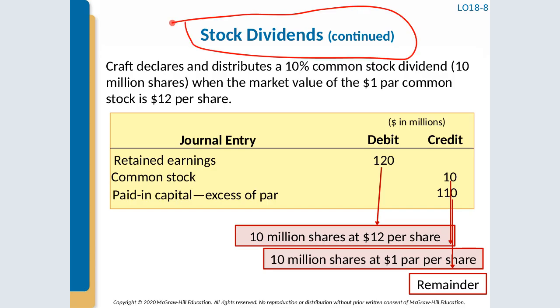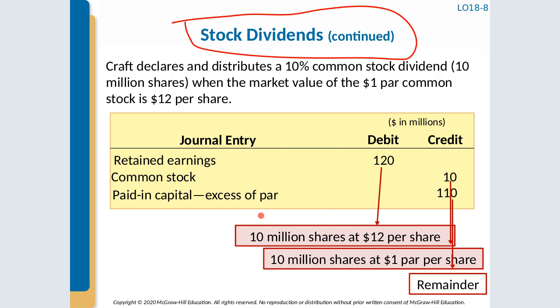Now, there's a stock dividend and a stock split. If the stock dividend is less than 25%, then we're going to use fair market value. In this case, Kraft declares and distributes a 10% common stock dividend on 10 million shares, when the market value is $12 per share.